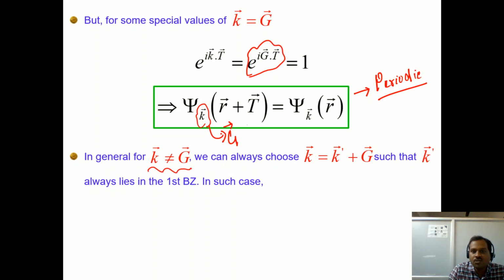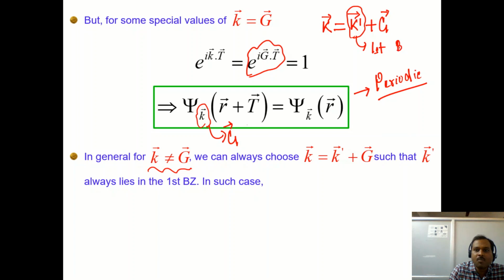So in general k is not equal to G, but what we can do is that we can always choose another wave vector k prime such that k is equal to k prime plus G, and we can restrict this wave vector k prime in the first Brillouin zone.